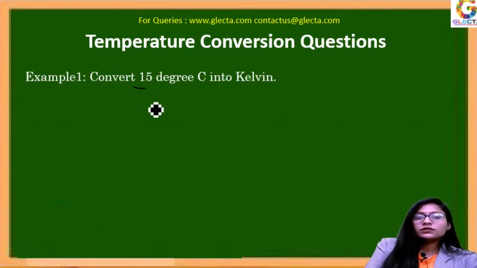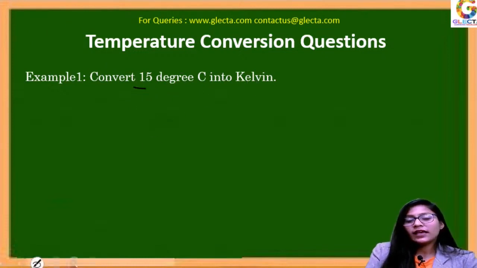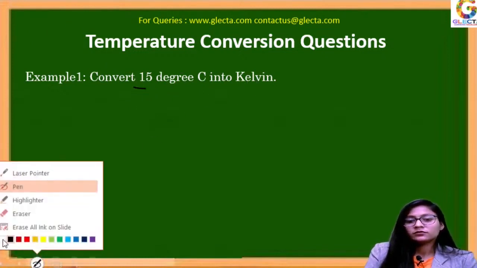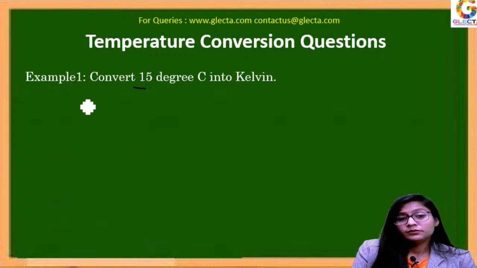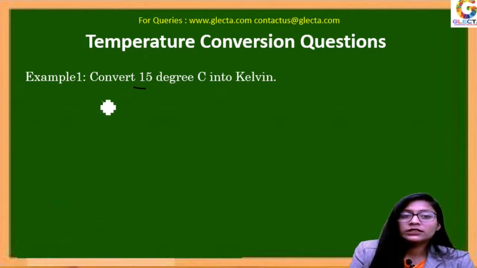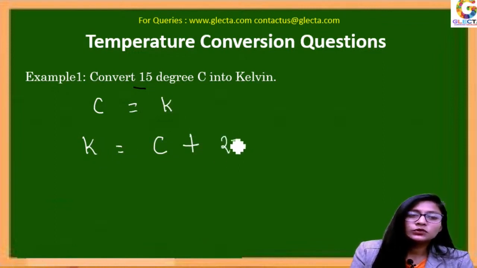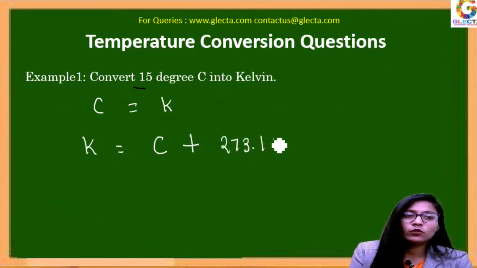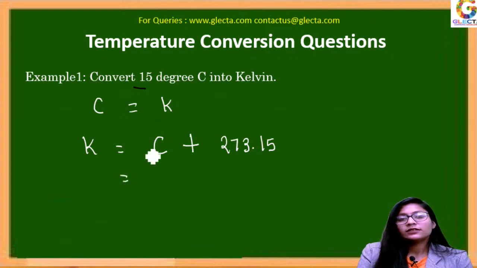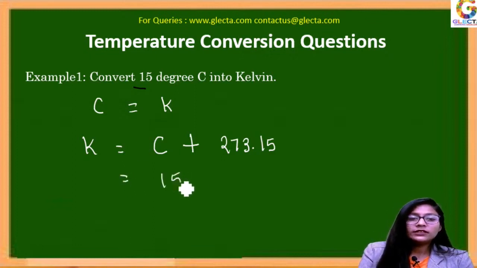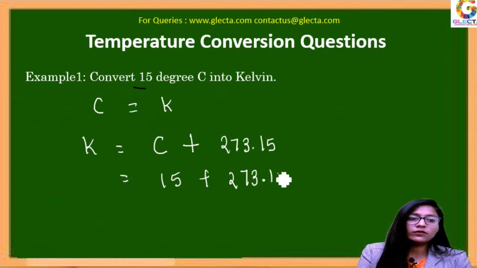Convert 15 degrees Celsius into Kelvin. What is the formula for converting Celsius into Kelvin? Kelvin is equal to Celsius plus 273.15. So the value of C is 15, plus 273.15.